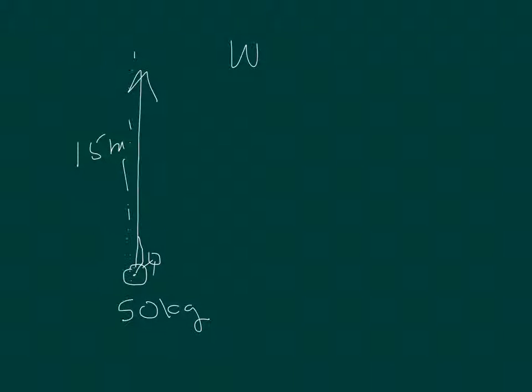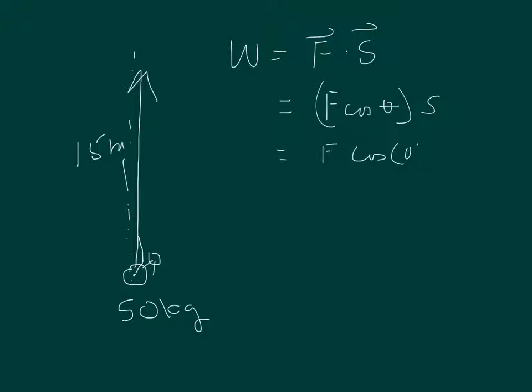In order to calculate the work, we need the force dotted into the distance. In this case, the force and the distance are along the same axis. So I have F times the cosine of theta times S, but this is the cosine of 0 degrees, since they're in the same direction, and cosine of 0 degrees is equal to 1. So this is just equal to force times distance.